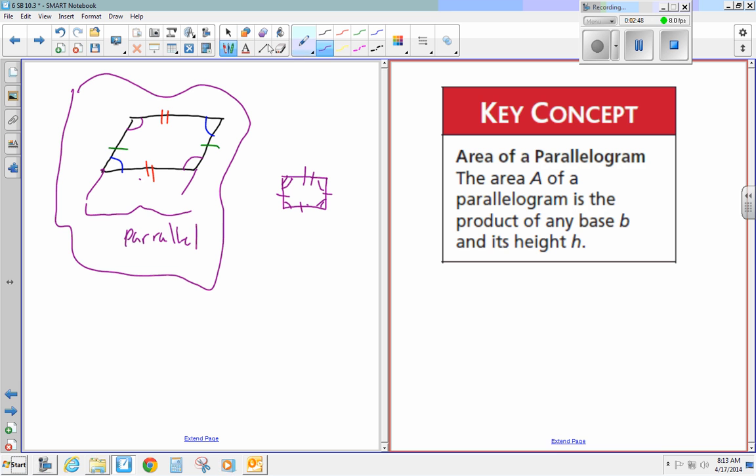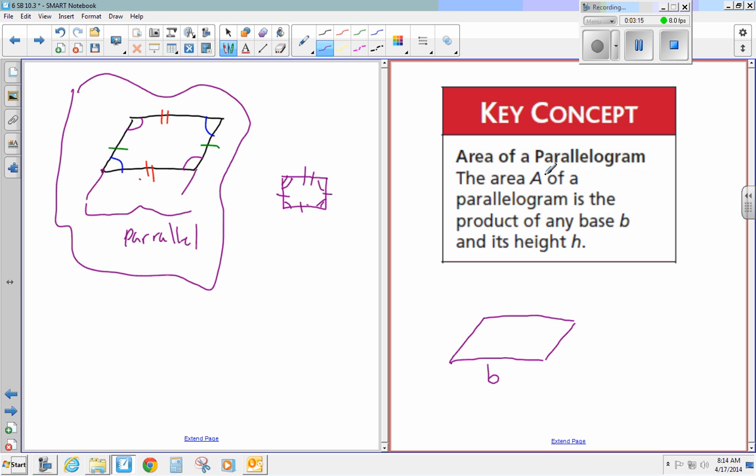So you're going to have a parallelogram. There's your parallelogram. And it's going to have a base. And any of these can be the base. But you really should look at it as the bottom part of this parallelogram.